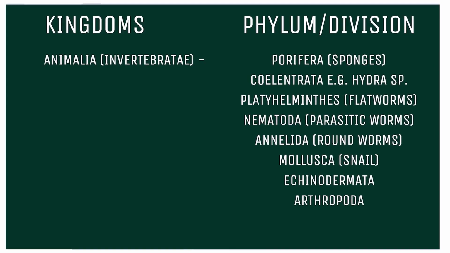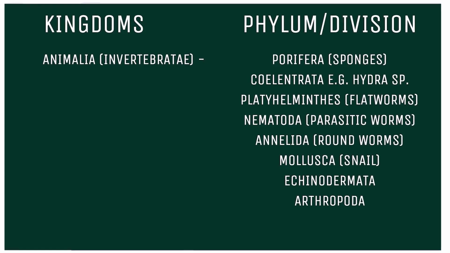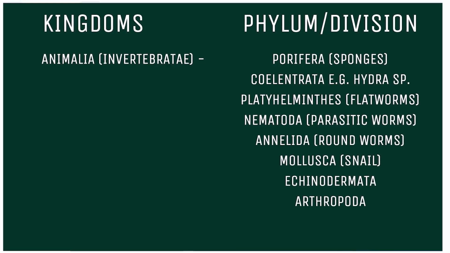We have the Coelenterata, example is the Hydra species. We have the Platyhelminths, the flatworms. We have the Nematoda, the parasitic worms. We have the Mollusca, which are the snails. We have Annelida, the roundworms. We have the Echinodermata, and lastly, the Arthropoda.